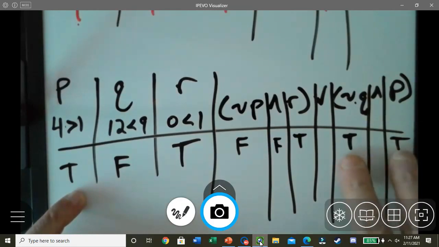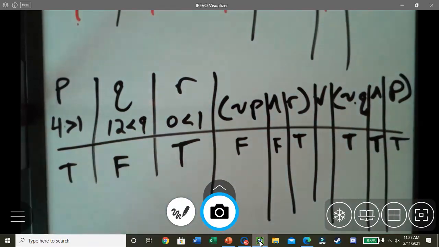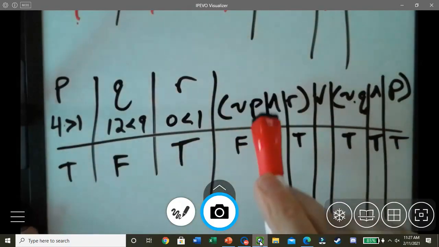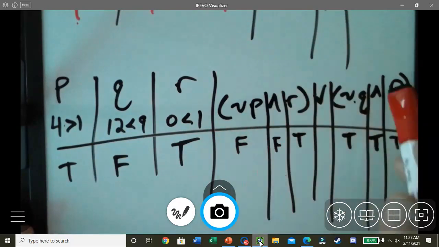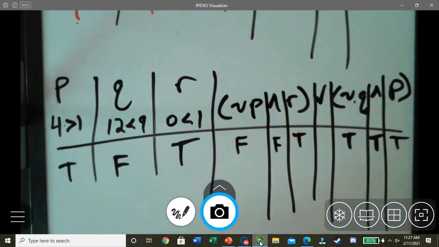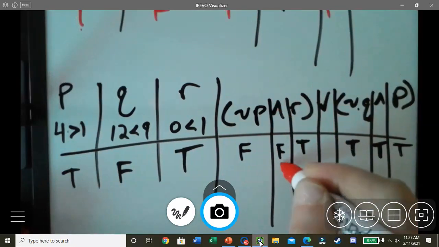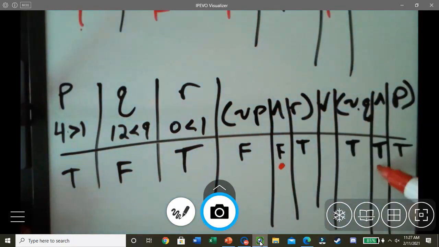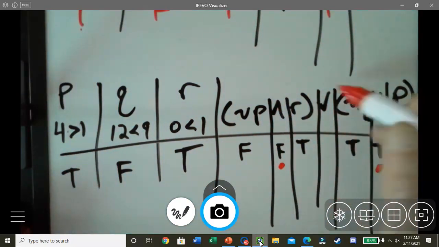Okay, so now true and true would be true. Good. So you do the parentheses first, just like in the order of operations. Do the parentheses on one, do the parentheses on the other, and then you look at the disjunction of the two to get this one.